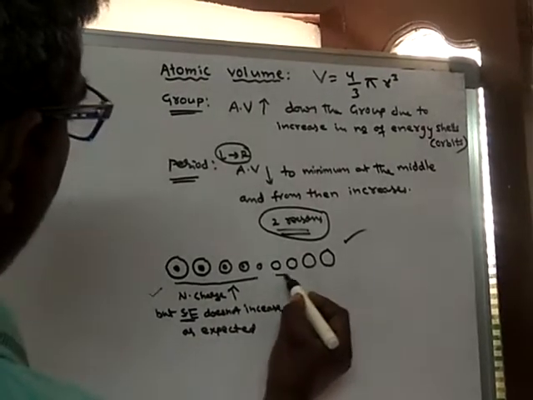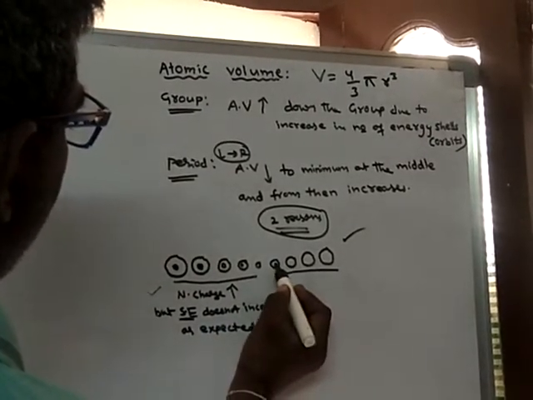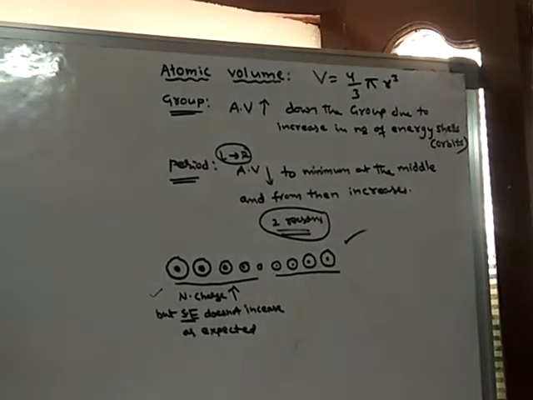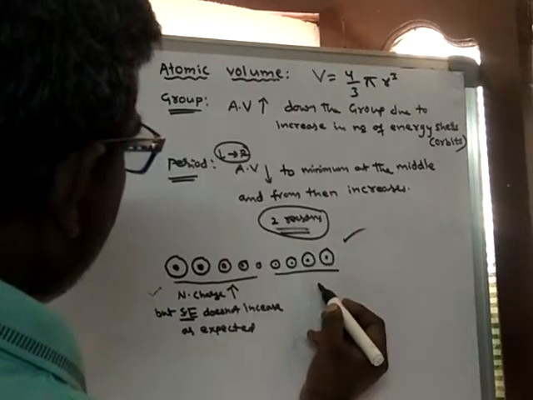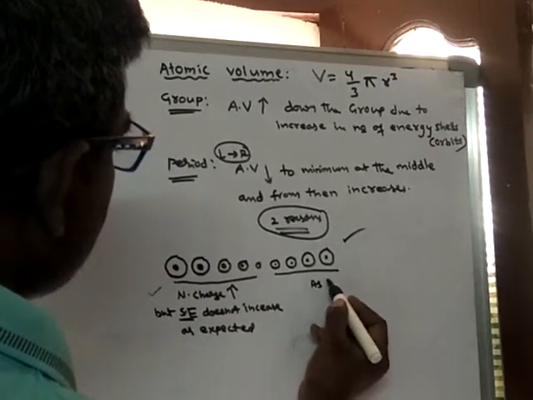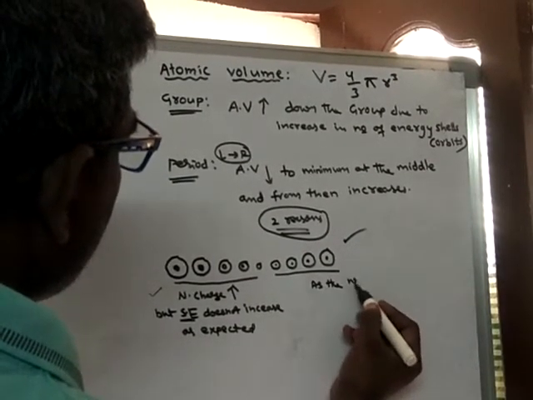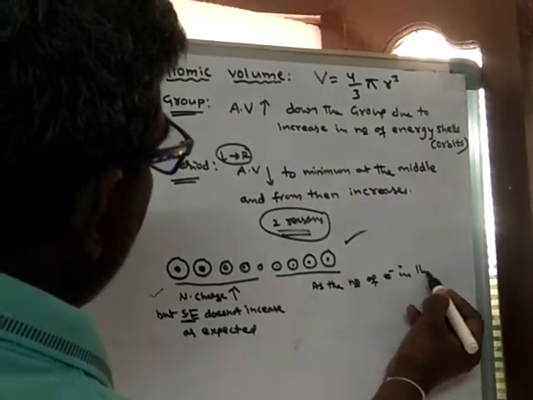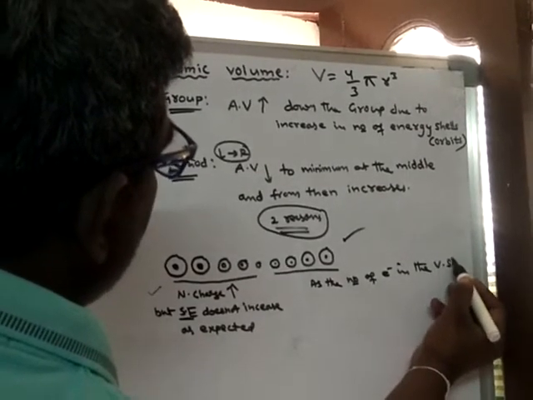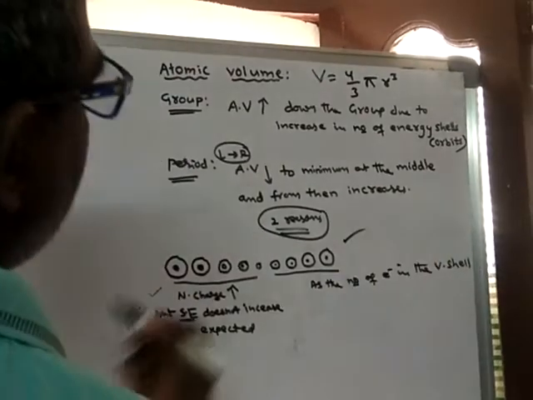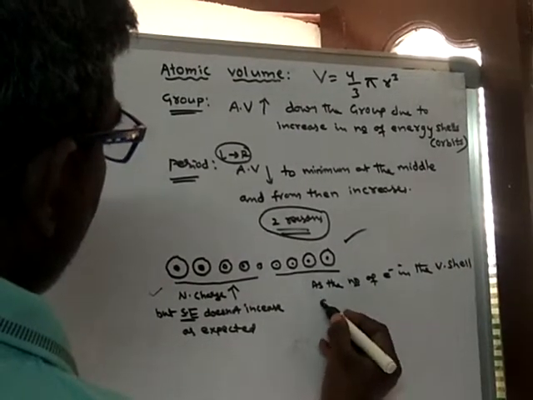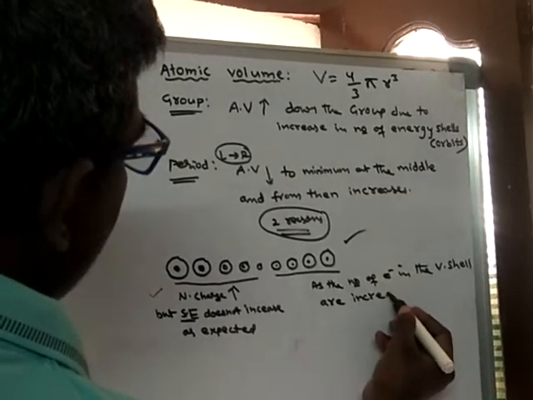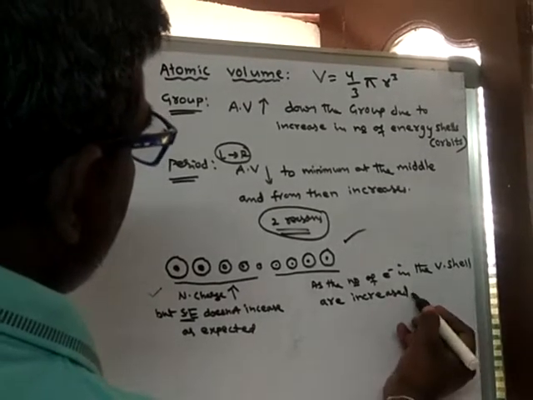From here onwards, what happens? Though the nuclear charge is increased, as the number of electrons in the valence shell are increased, what happens?